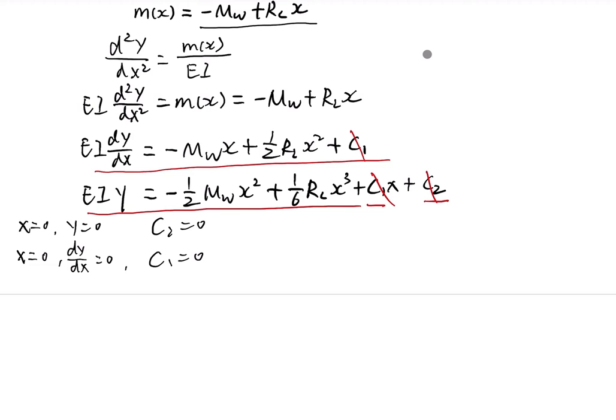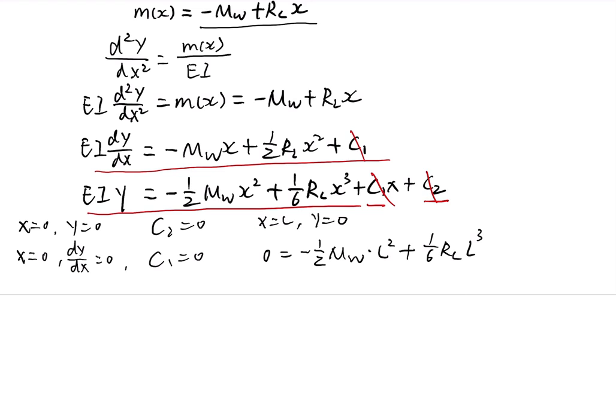So if we apply x equal to L, y equal to 0, then on the left-hand side of this equation is 0, equal to 1 over 2 MW L squared plus 1 over 6 RL L cubed.